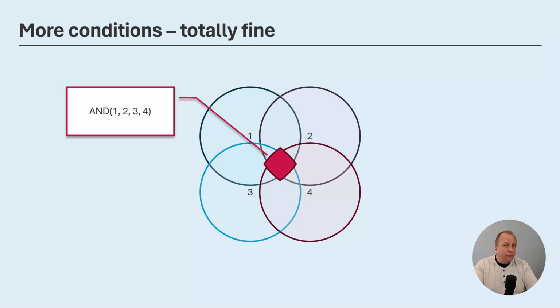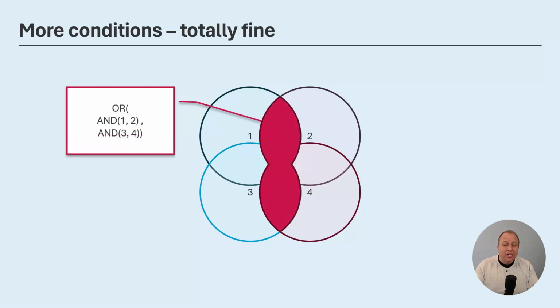So let's say, for example, that it could either be that item number 1 is true and item number 2 is true, or it could be that item number 3 is true and item number 4 is true. So here we could put the OR function around 2 AND functions and say, hey, anything in this overlapping area would work for us. So these are different ways of understanding these ideas, AND, OR, and exclusive OR.